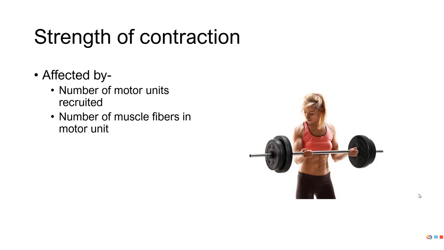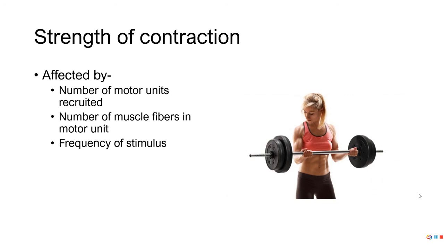If you have more muscle fibers, you're likely going to generate more force than a motor unit that has fewer fibers. And three, how often the stimulus is occurring. If it occurs rapidly and in quick succession, that will actually cause the contraction to be stronger. We'll talk about this a little bit later.